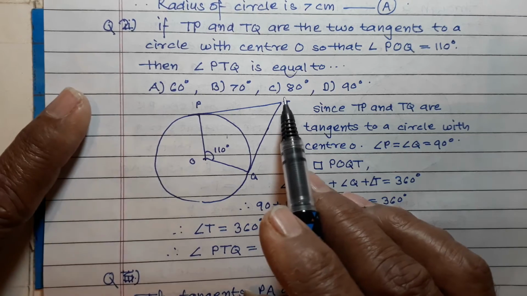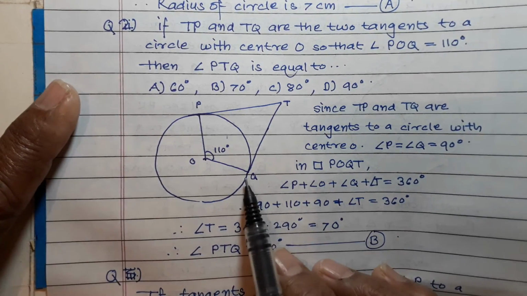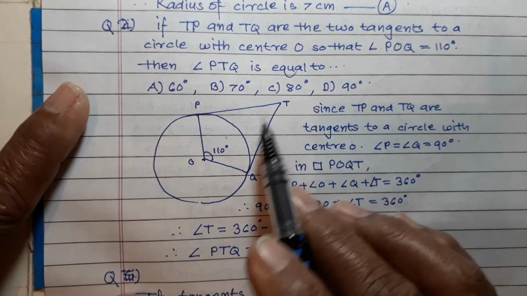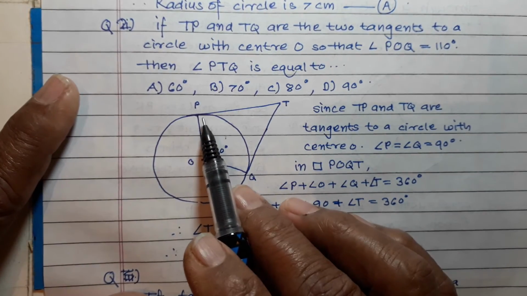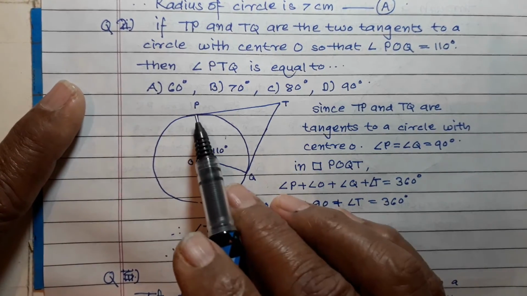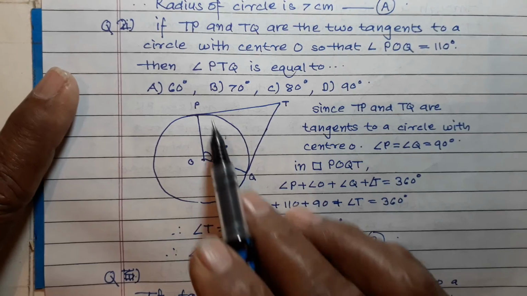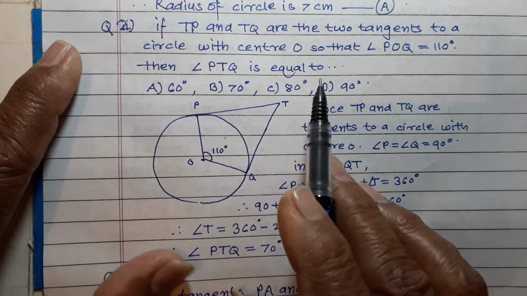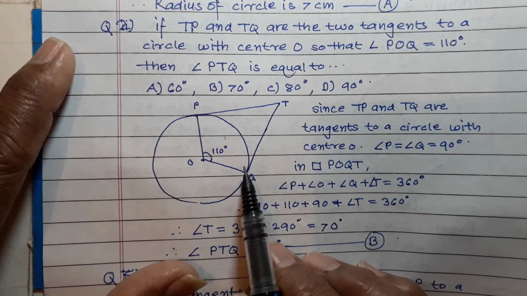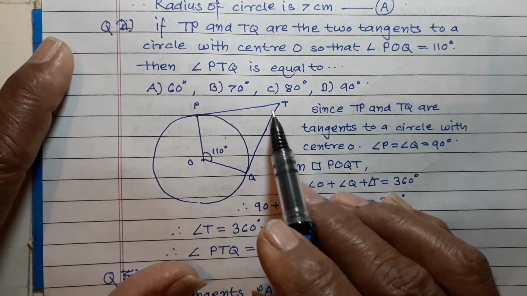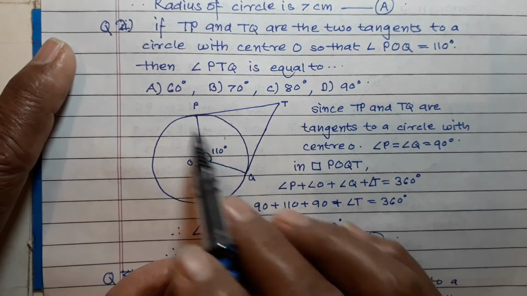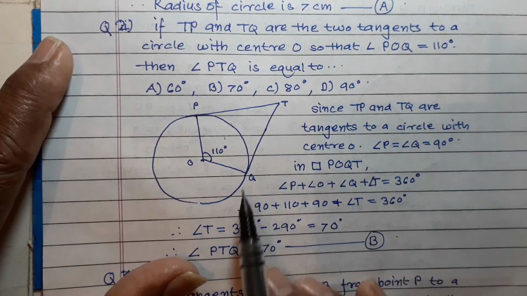From this point, TP and TQ are two tangents. Now this angle is equal to 90 and this angle is equal to 90, because tangent is perpendicular to radius. So this is 90, this is 110 and this is 90. You can find the remaining angle because the sum of the angles of a quadrilateral is 360.